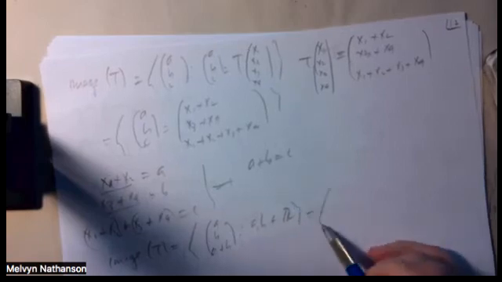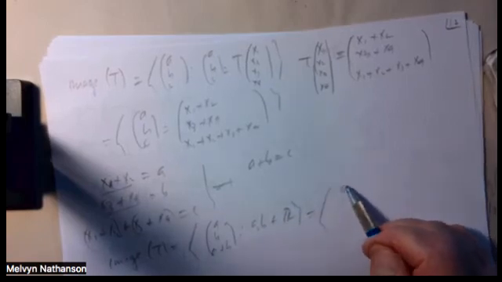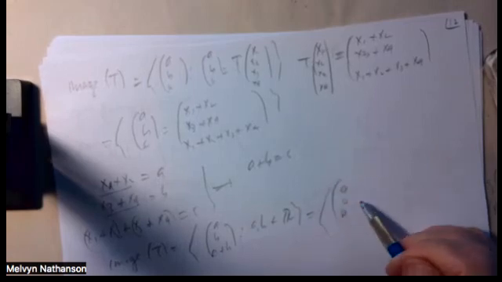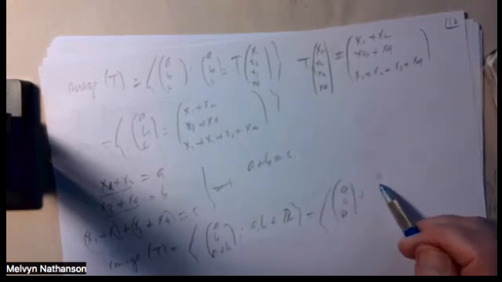So the image of T is all vectors of the form (a, b, a+b), which is all vectors of the form (a, 0, a) plus (0, b, b), which is a times the vector (1, 0, 1) plus b times the vector (0, 1, 1).